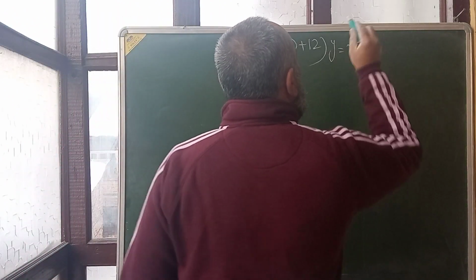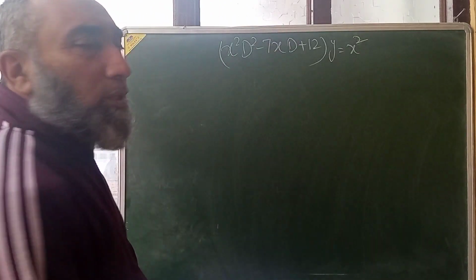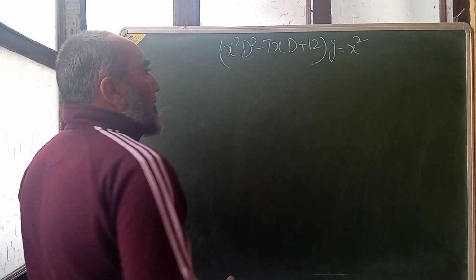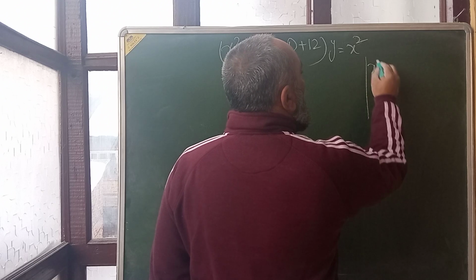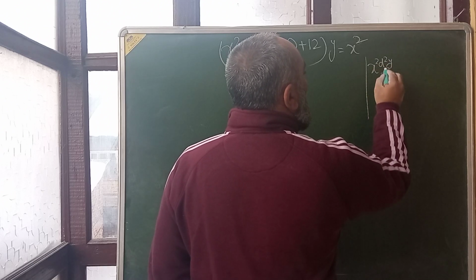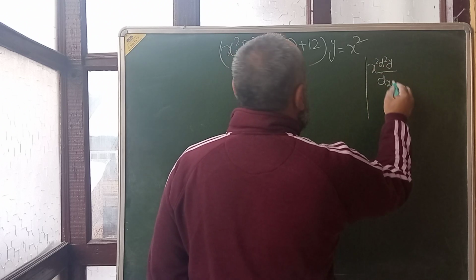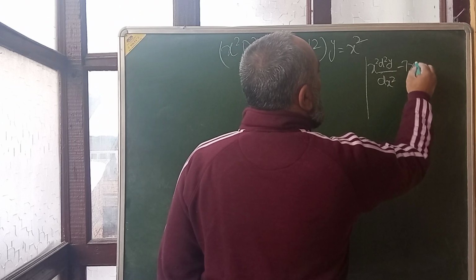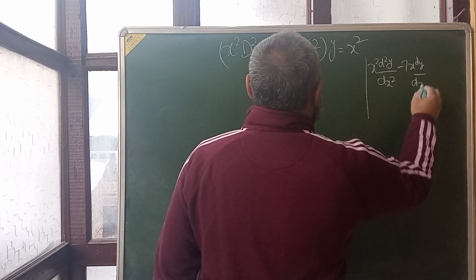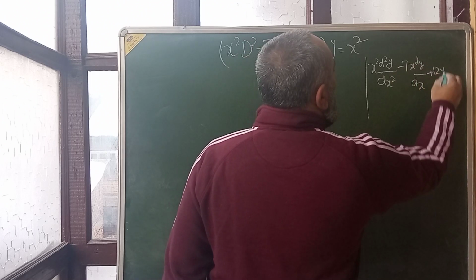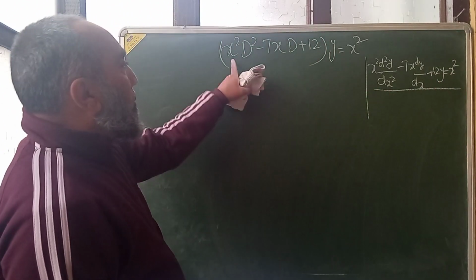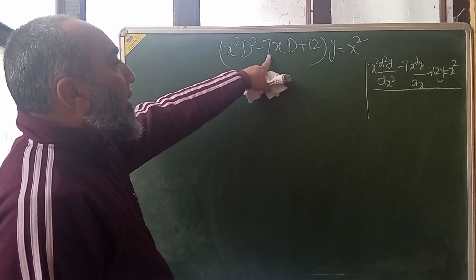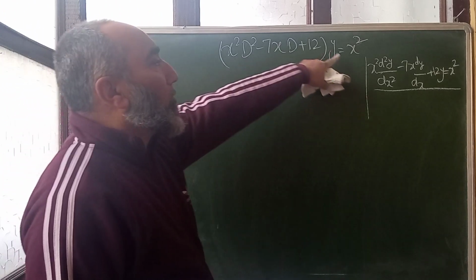Let me write x square first. You can write x cube, x4, x5, whatever you like. What is the question actually? The question is x square d2y/dx2 minus 7x dy by dx plus 12y equal x square.